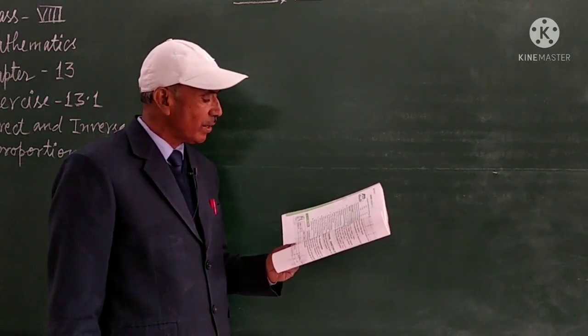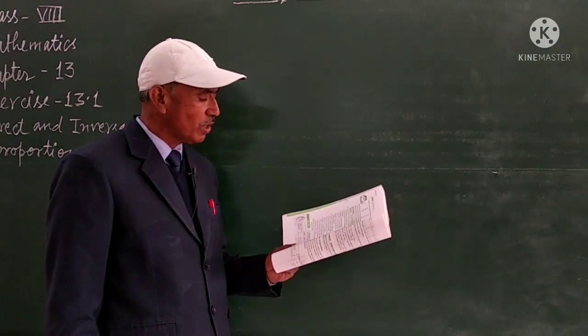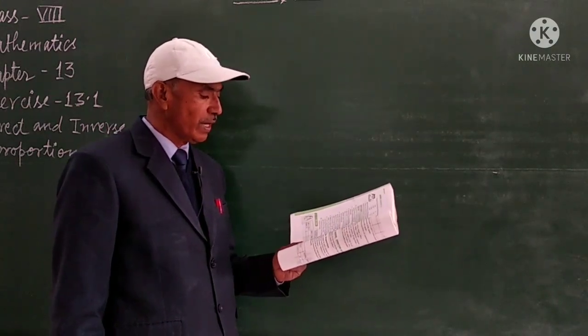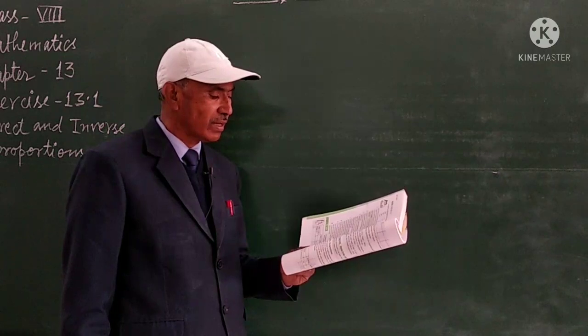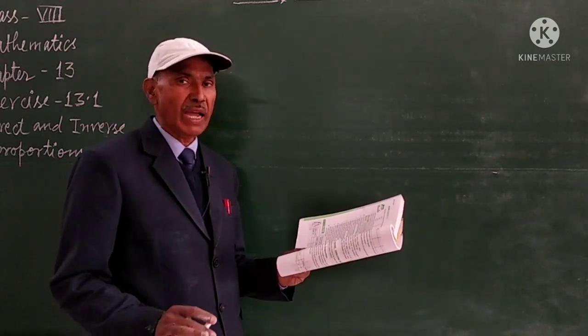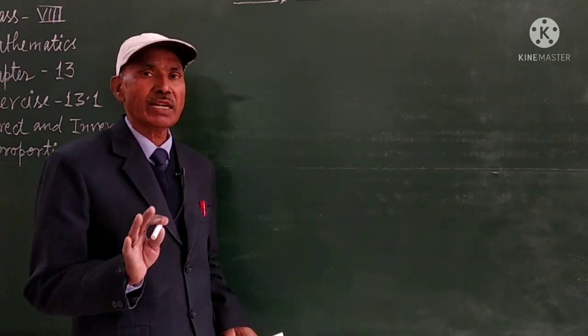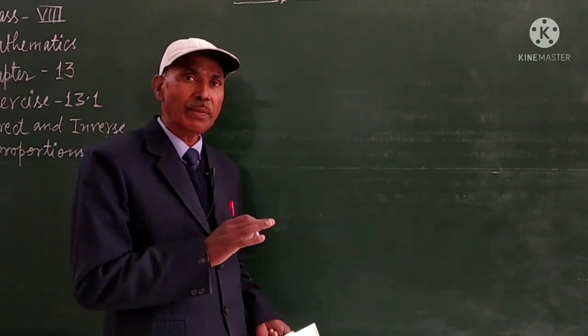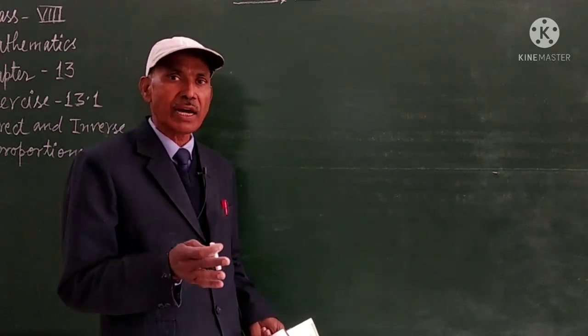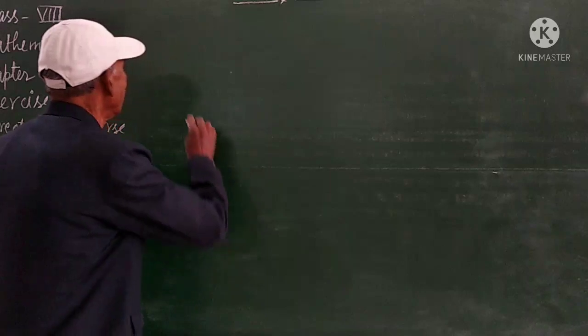She drives on road for 72 kilometers. What would be her distance covered in the map? So there are two distances, student, that is on map and actual distance, that is on road.